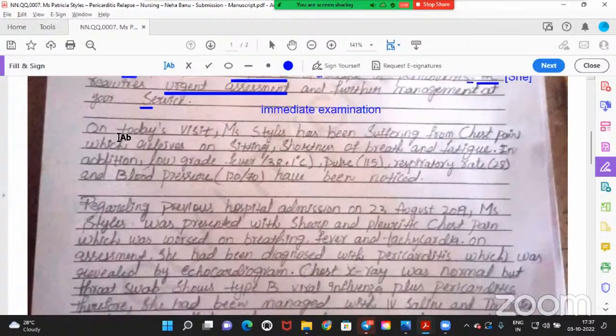It's finished. On today's visit, Miss Stiles has been suffering from chest pain, which relieves on sitting.